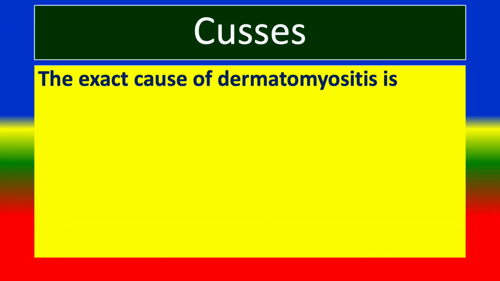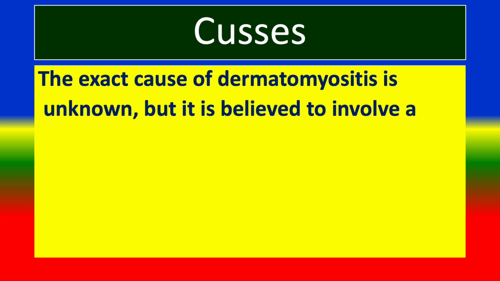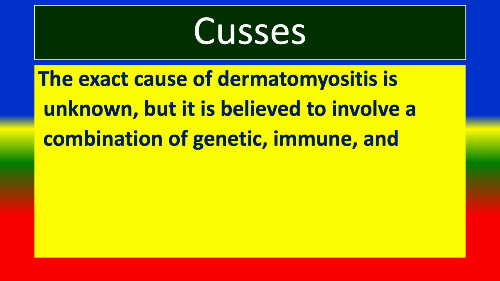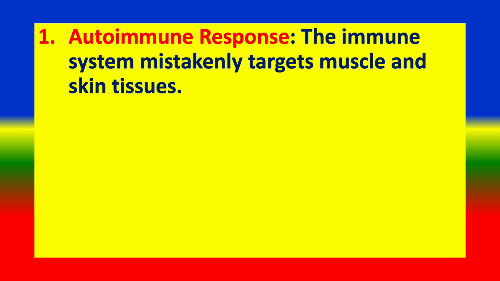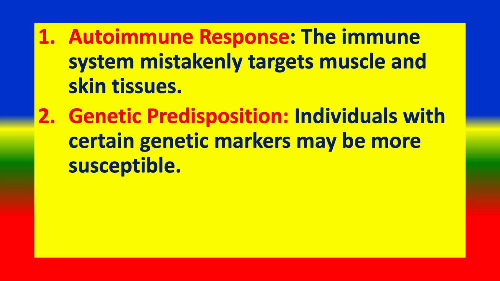Causes. The exact cause of dermatomyositis is unknown, but it is believed to involve a combination of genetic, immune, and environmental factors. Some potential triggers include: 1. Autoimmune response. The immune system mistakenly targets muscles and skin tissues. 2.